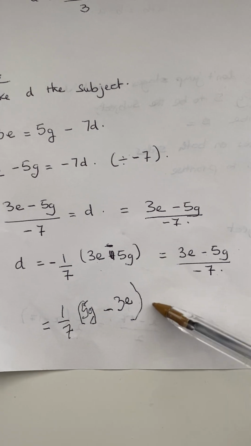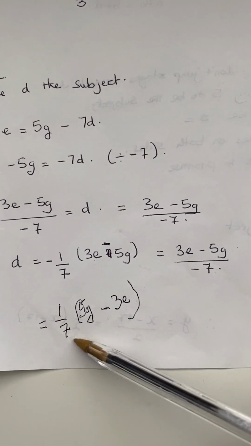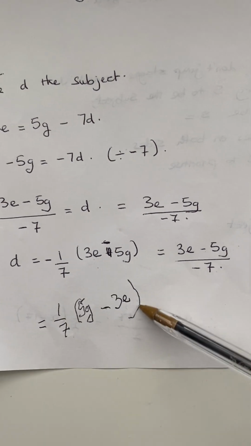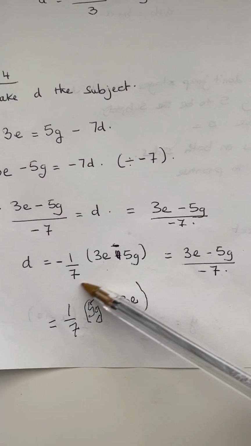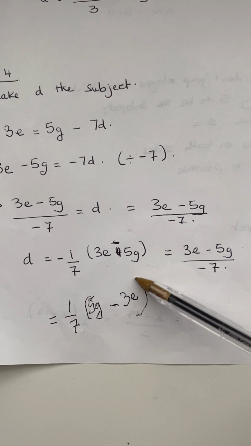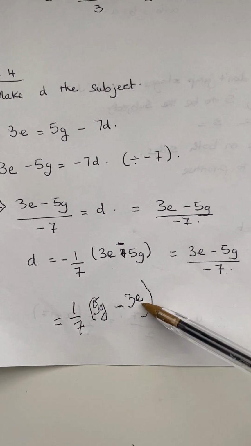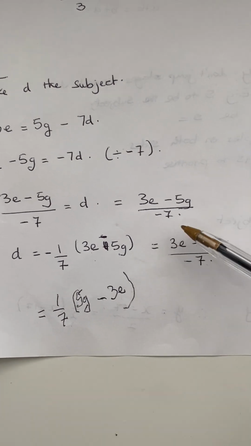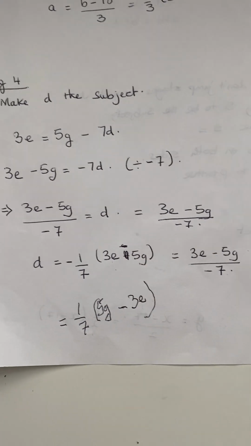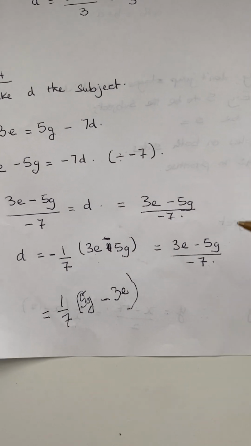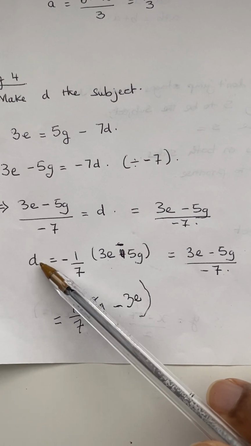If you don't understand this, with time you will understand. You can go back and watch the video twice and you will understand this. But if you don't understand this, it's okay. You can leave your answer this way, and it's still the same. So now you've made d the subject.